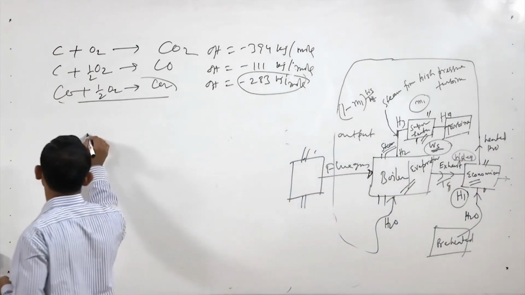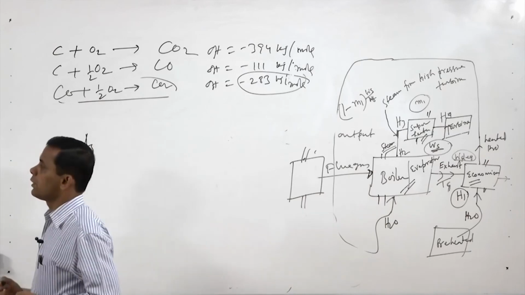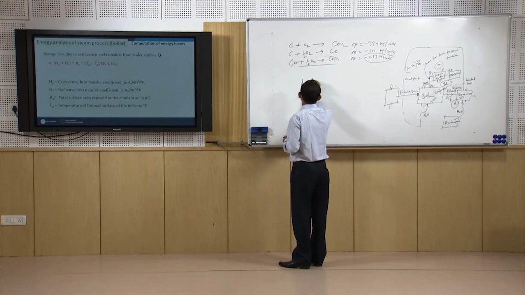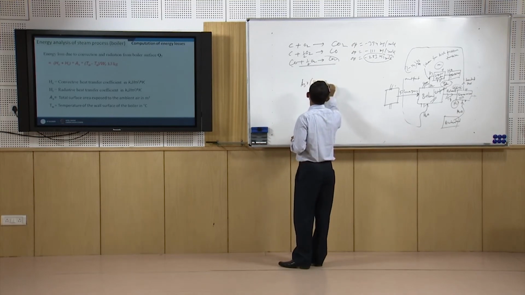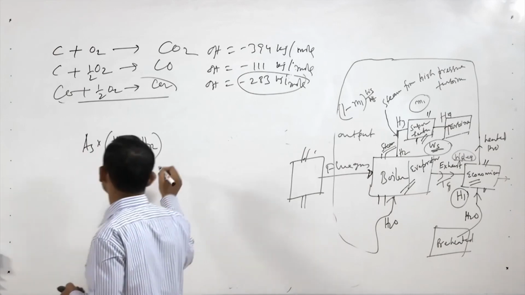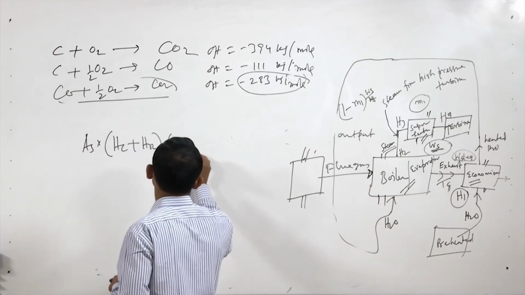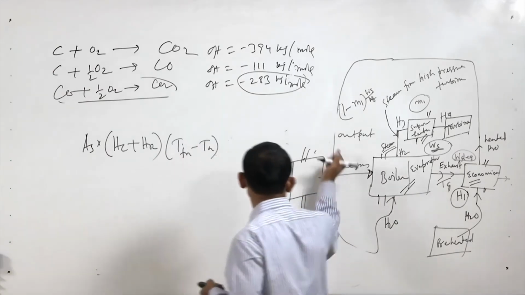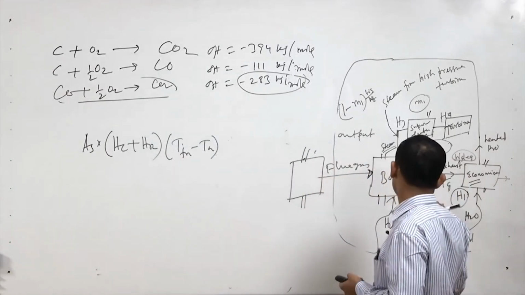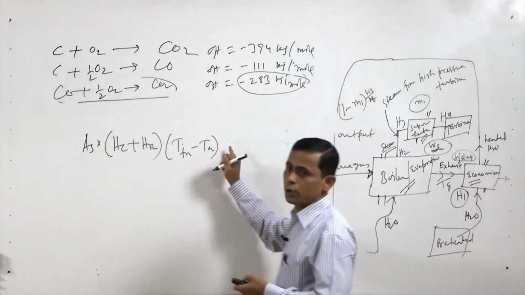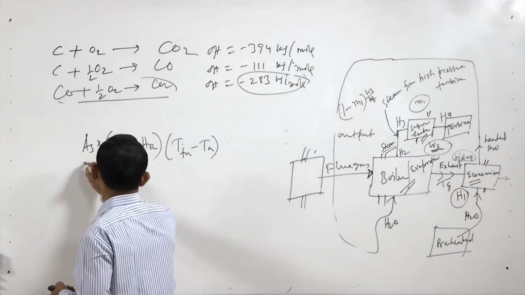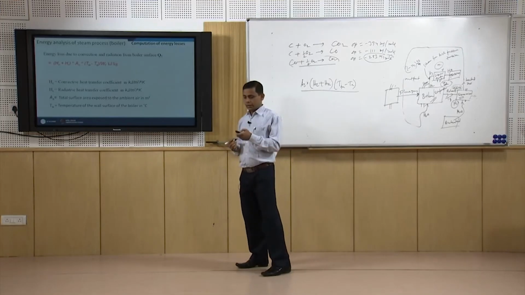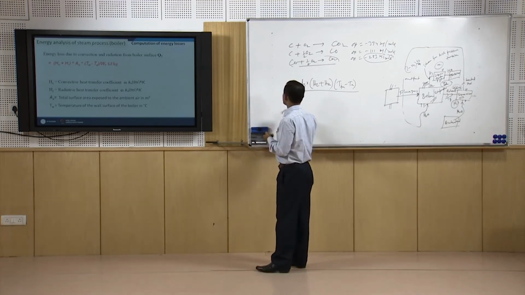If we know the total area and the heat transfer coefficient for convection and radiation, then the temperature difference, T furnace minus T ambient, gives the loss. For other cases the loss will be lower because the temperature is not that high, so the maximum loss will be here. This will be the total loss due to radiation and convection, that is equal to Q7.